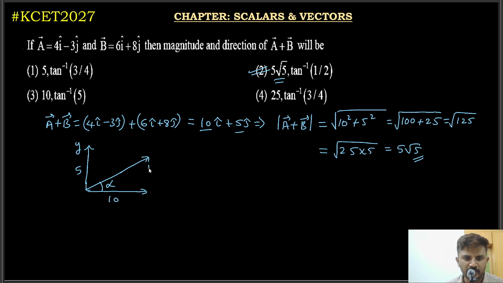For that, let me consider this is 5 because it is parallel to this 5, this height. So tan alpha can be given by opposite by adjacent, that is 1 by 2. Therefore, alpha is equal to tan inverse 1 by 2.